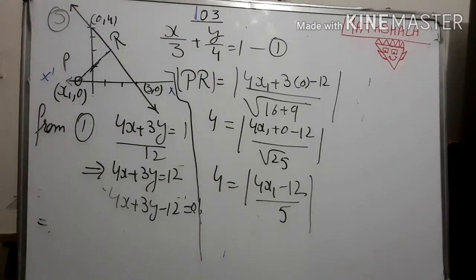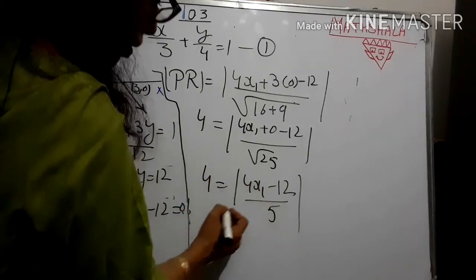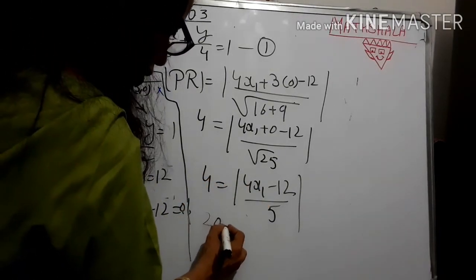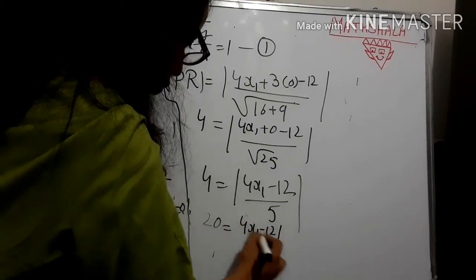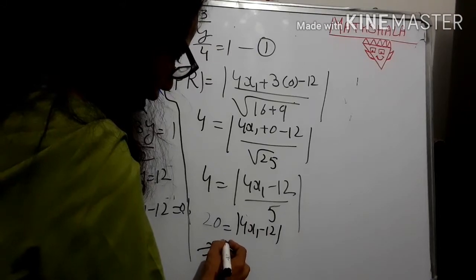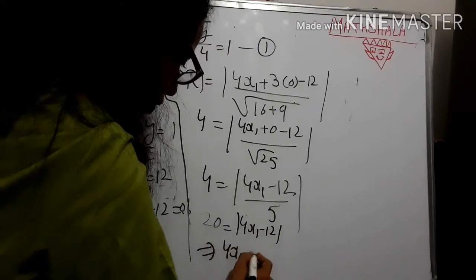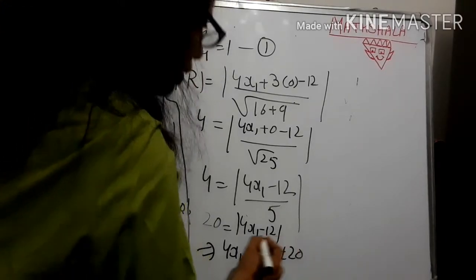And now we have, it is 20 equal to 4x1 mod. जैसे आप मॉड हटाएंगे यहाँ हो जाएगा प्लस माइनस. 4x1 minus 12 is equal to plus minus 20.